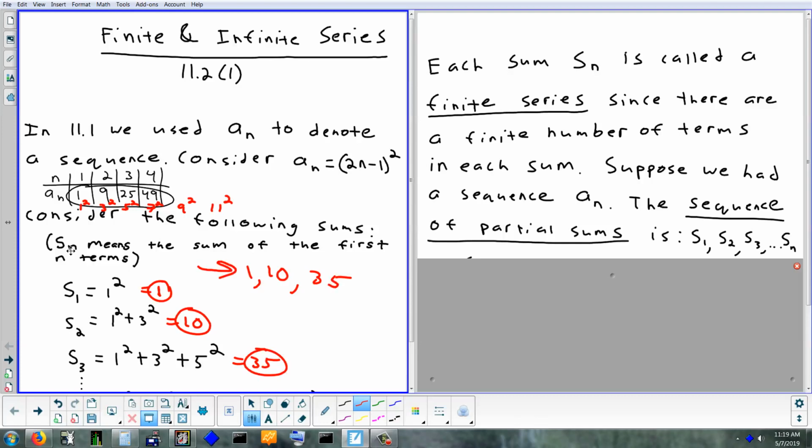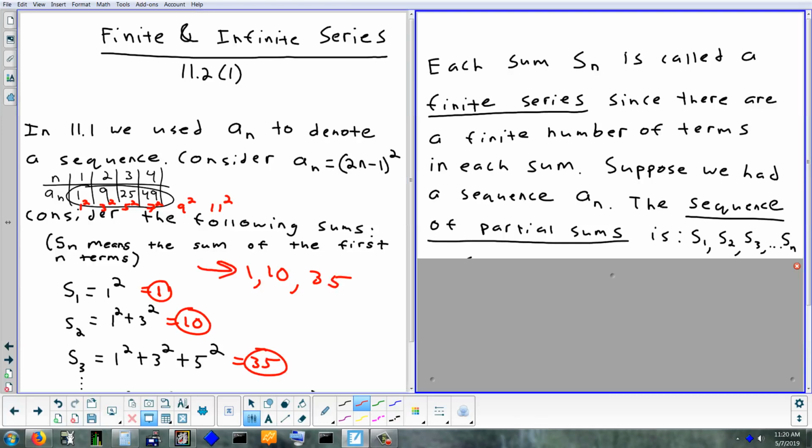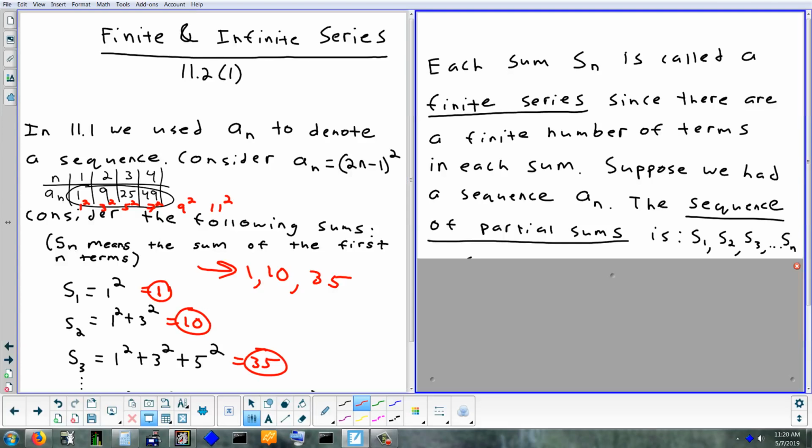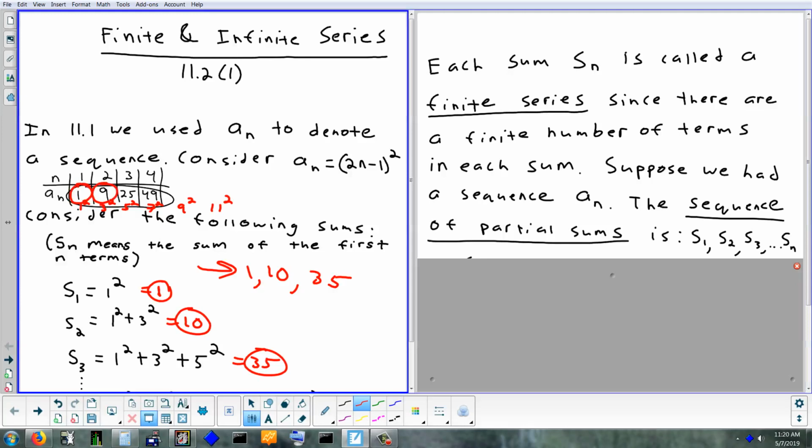And each number in the sequence was obtained from adding up stuff. What did you add together? Well, for the first term, you added the first 1 term in your sequence. To get the second term, you added the first 2 terms in your original sequence.